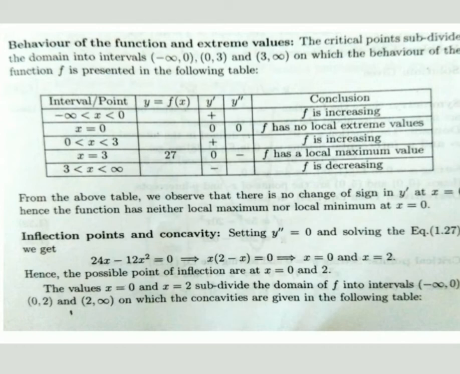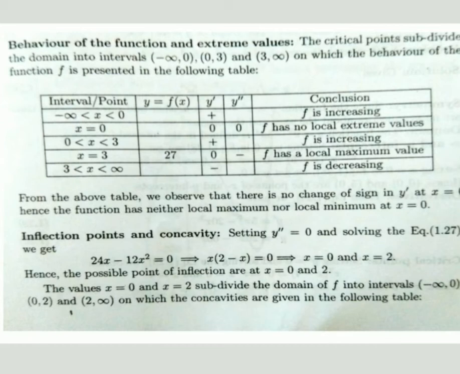So therefore this has no extreme values. Next, in the second interval 0 to 3, y dash is positive, so f is increasing again. x equal to 3, f of x is 27, y dash will be 0, y double dash is negative, so local maximum value. In the last interval 3 to infinity, y dash is negative, so f is decreasing.